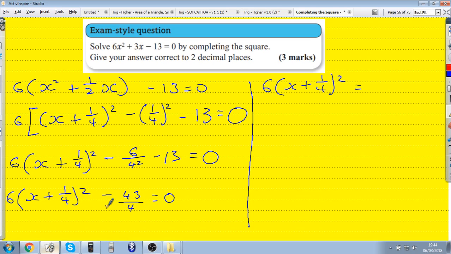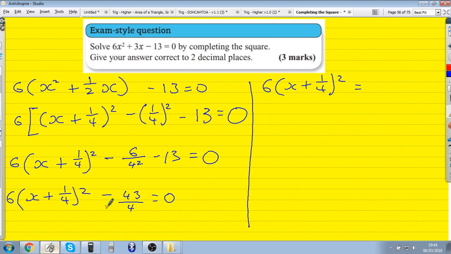Okay. Yeah, so then we divide both sides by 6, so that'll be x plus a quarter squared equals 43 over 6 times 4, which is 24. And then x plus a quarter is plus or minus root of 43 over 24.